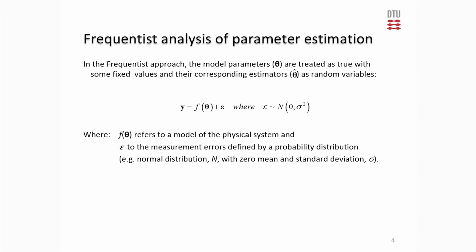But their estimators θ hat are considered random variables. Because the measurement errors can be considered stochastic, for example, the outcome is based on a chance process, then the measurement errors can be defined by distribution functions, like a normal distribution with mean zero and variance sigma square.